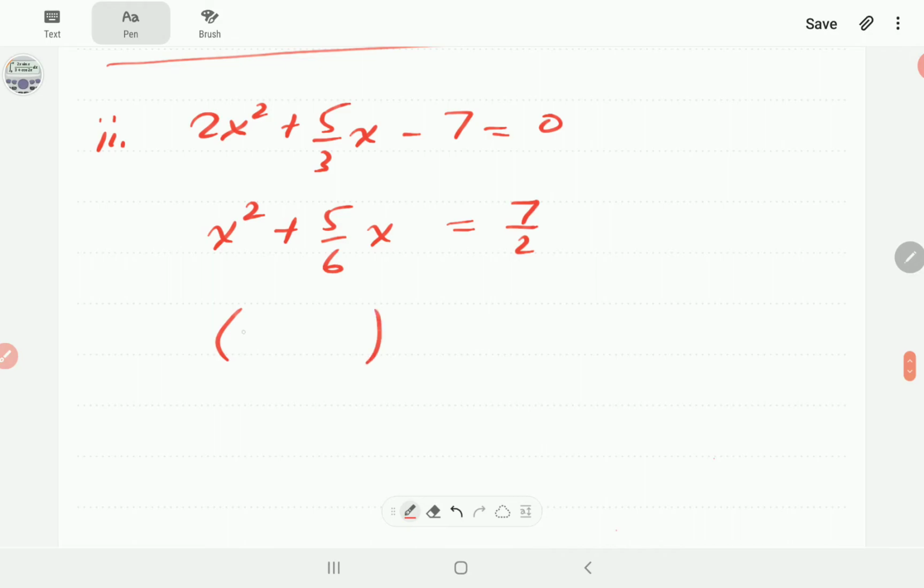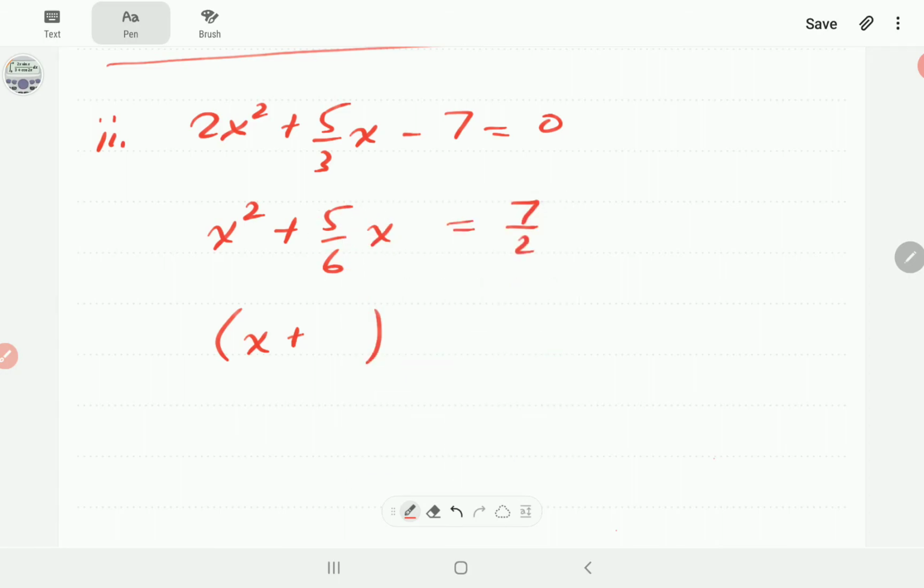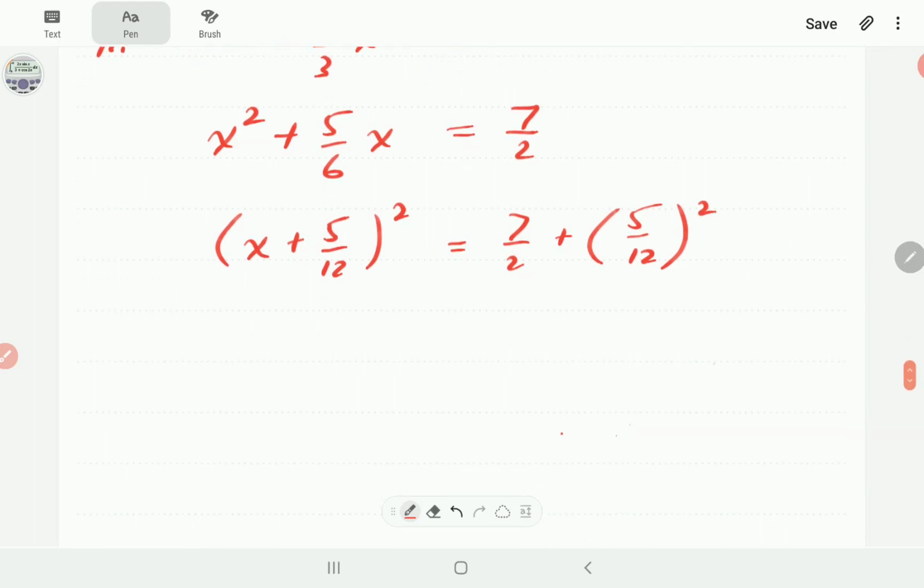Then this we can write as x plus 1/2 of this, which is 5 over 12, and then all squared. And then on this side we're going to add the square of 5 over 12, so it's going to be 25 over 144.